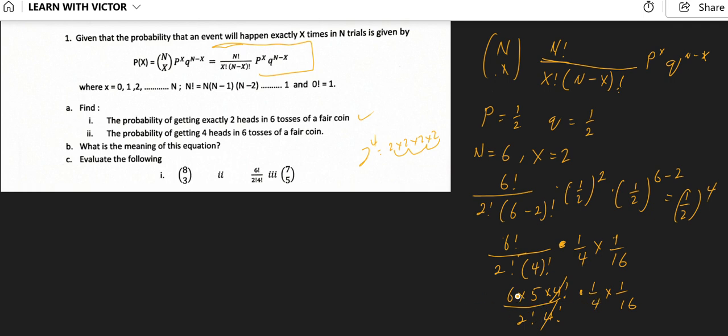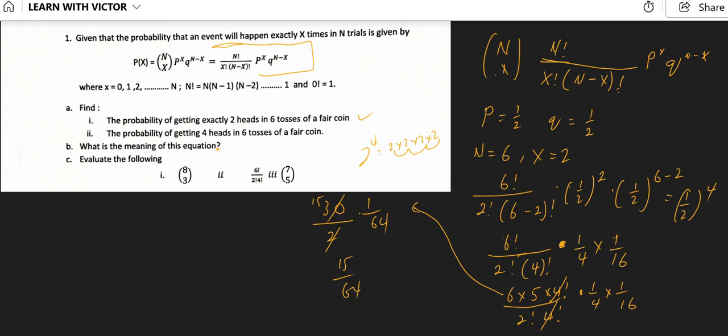So we have 6 multiplied by 5, that is 30. 2 factorial means 2. We have 1 multiplied by 1, that is 1. Then you multiply 16 by 4, which gives you 64. So we have 30 over 2 times 64, which is 15 over 64.